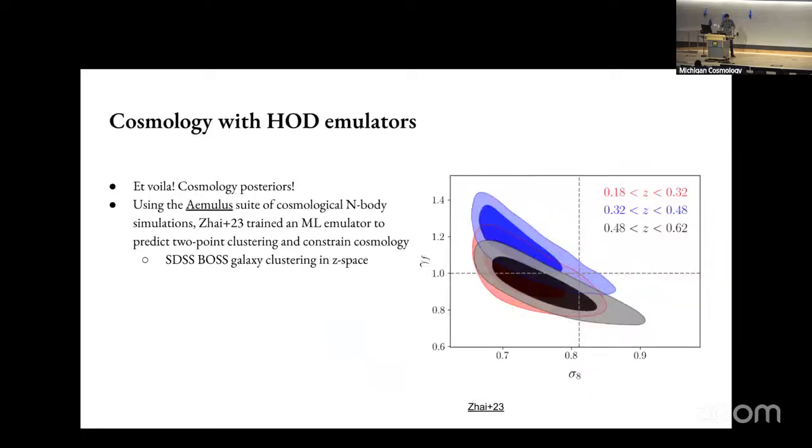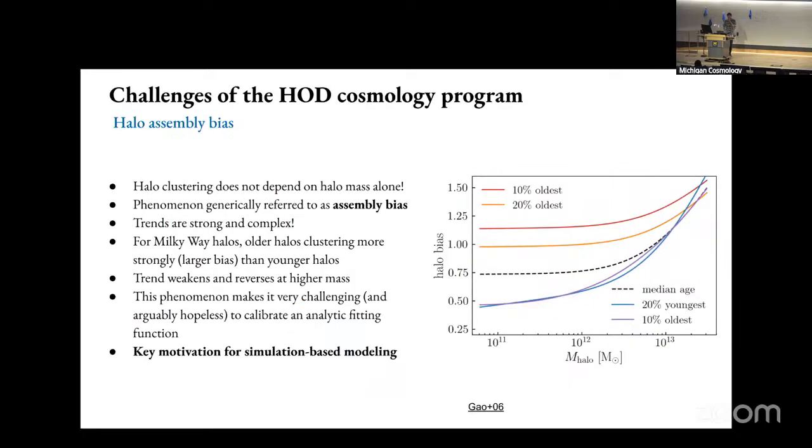If you repeat that exercise not just for halos of a given mass, but also for halos of a given formation time, then the clustering strength of the halos is a very sensitive function of the halo assembly. And generally speaking, say for Milky Way mass halos, older halos cluster substantially more strongly than younger halos.